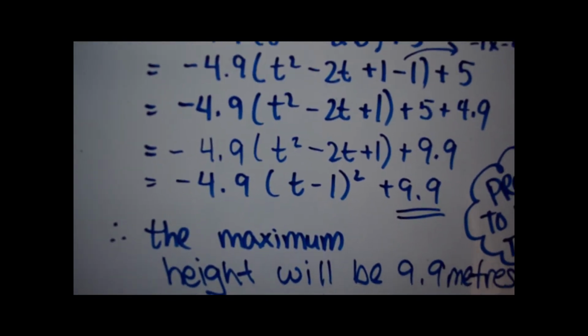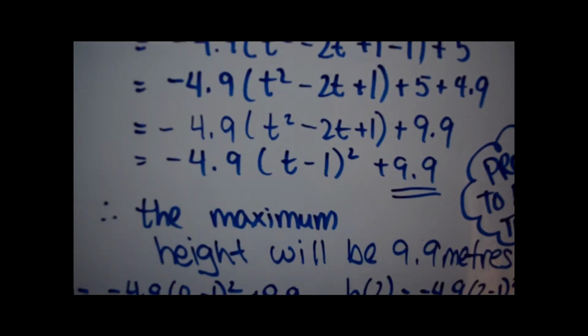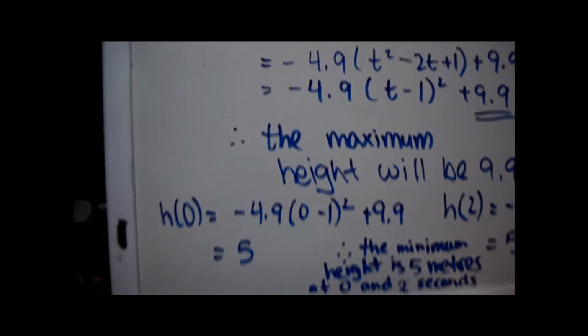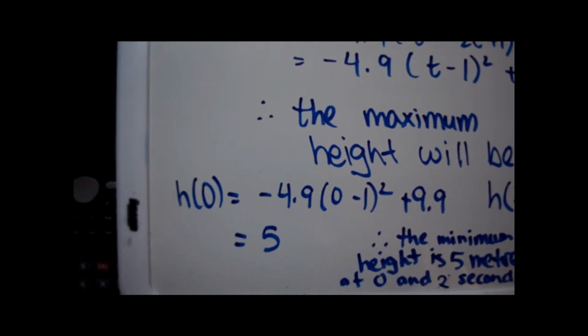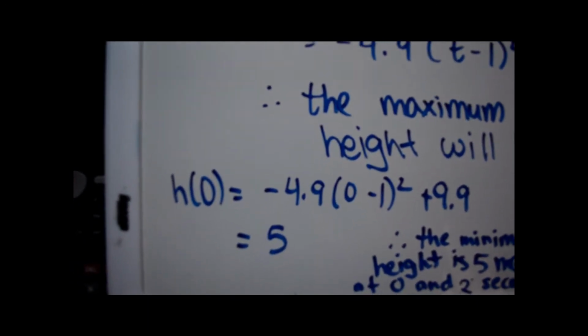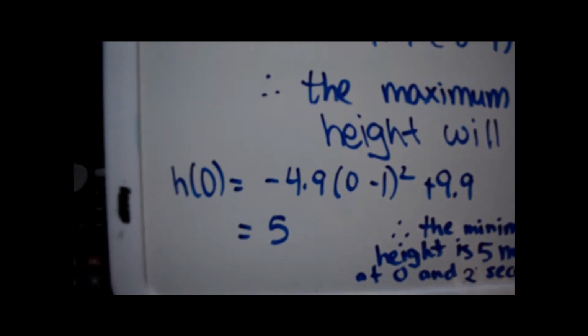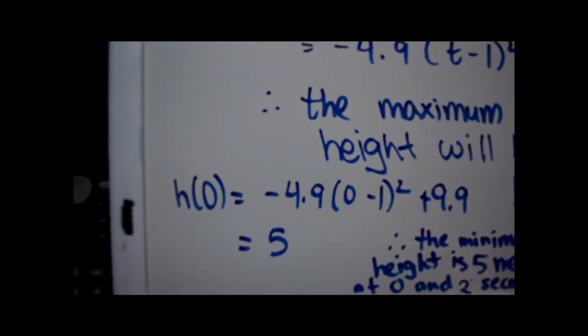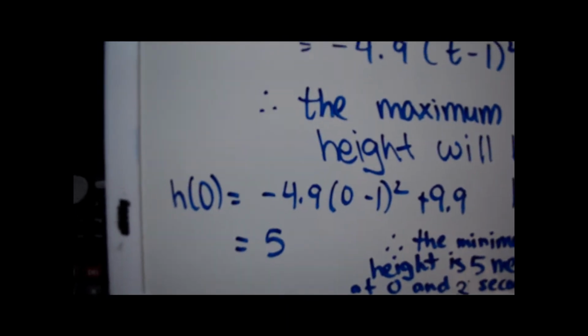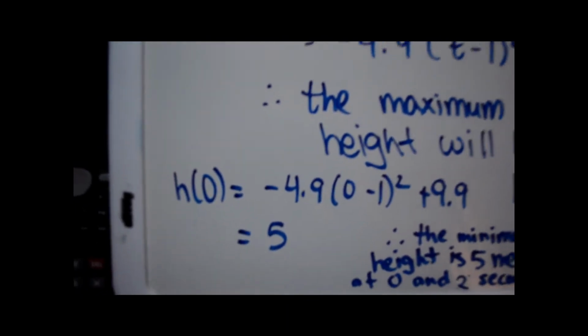Therefore, the maximum height will be 9.9 meters. To find the minimum heights, you just sub in 0 and 2 into the h at t equation. So h at 0 equals negative 4.9 bracket 0 minus 1 bracket squared plus 9.9, which equals 5.